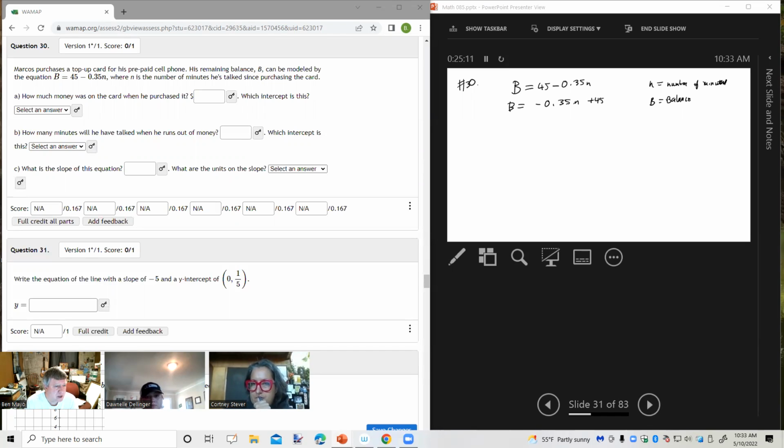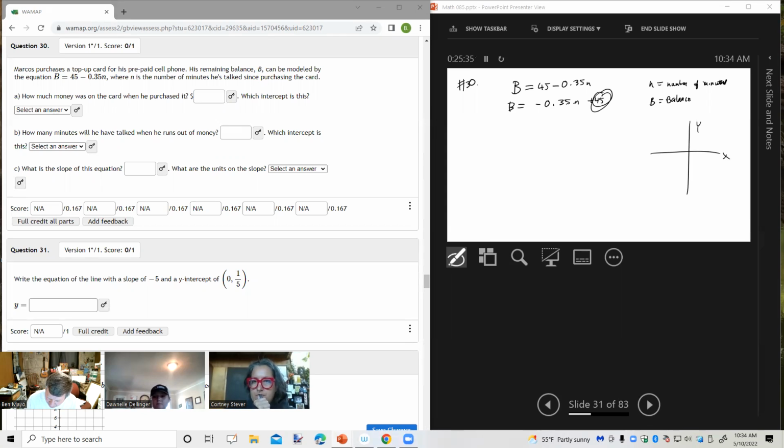It says, how much money was on the card when he purchased it? Well, that would be the starting value. So that would be $45. Which intercept is this? Well, when we have a graph that's written in terms of X and Y, this is the Y-intercept.